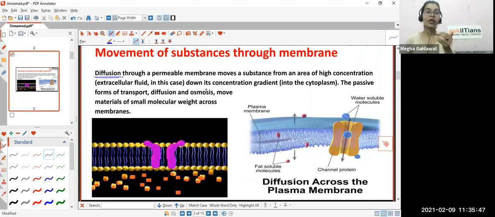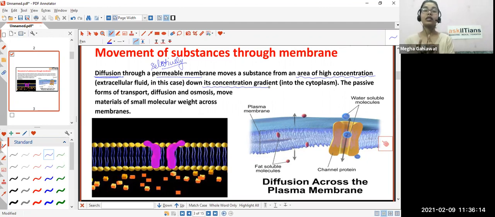Next thing is when we discuss diffusion in the context of the membrane, we have the diffusion through a permeable membrane, selectively permeable membrane. Never forget to mention the word selectively with the membrane, okay? It moves the substances from an area of high concentration down its concentration gradient.